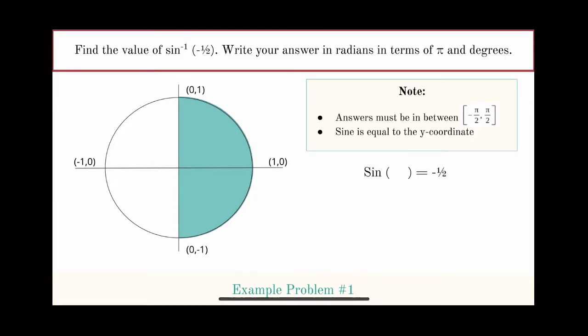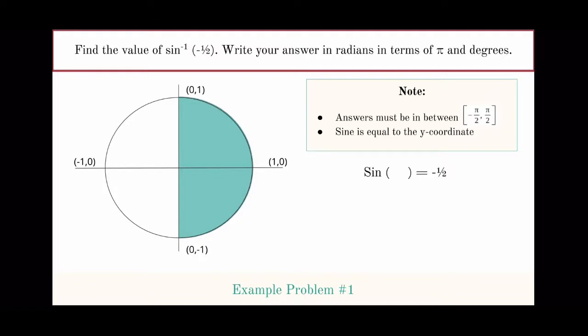So first let's ask ourselves, sine of what angle equals negative 1/2? We remember that sine is the y coordinate, and negative 1/2 is part of the reference angles of pi over 6.